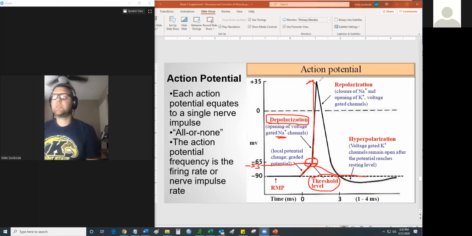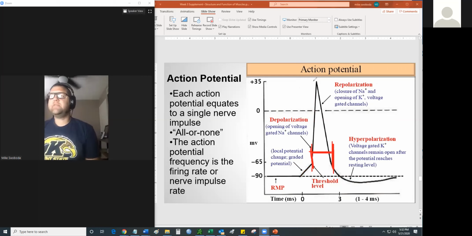Once you hit this top point, you now are going through a repolarization phase. So from here to here, this is the active phase of your action potential. This is the only time it's really active. It's once you pass that threshold level to when you go back below that threshold level.